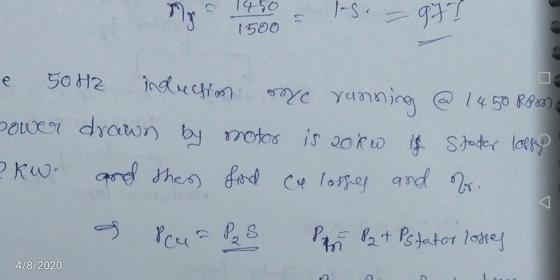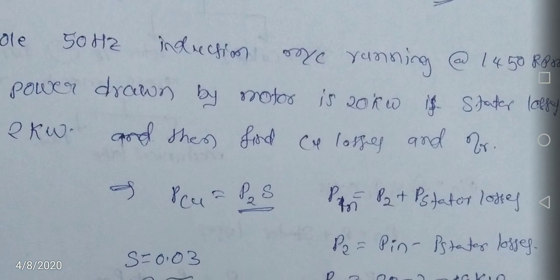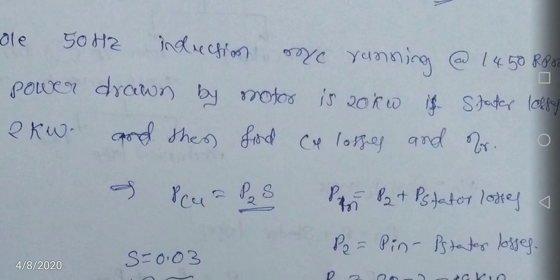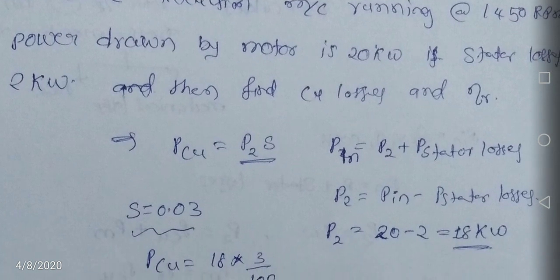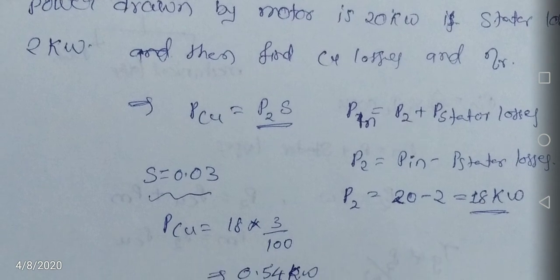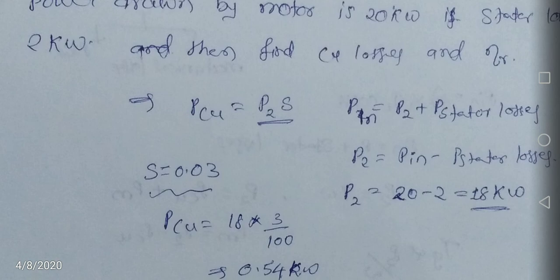We want P2: P2 equal to P1 minus stator losses. So P2 equal to 20 minus 2, that is 18 kilowatt.